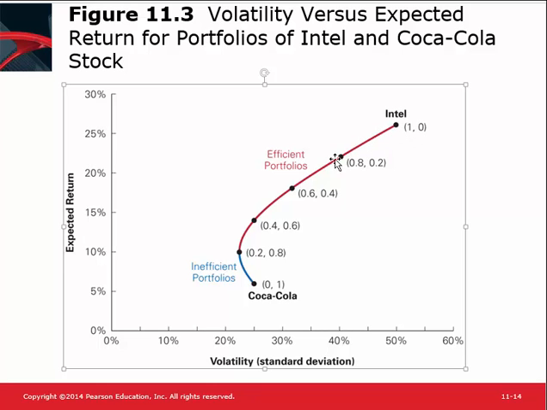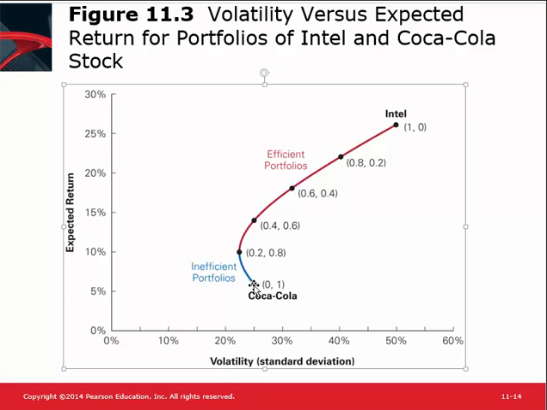And every dot on this line represents a positive investment between Intel and Coca-Cola. And as you can see, there is a combination that makes some sense. Why would you buy only Coca-Cola if you could go straight up here and increase your return and have the exact same amount of risk?